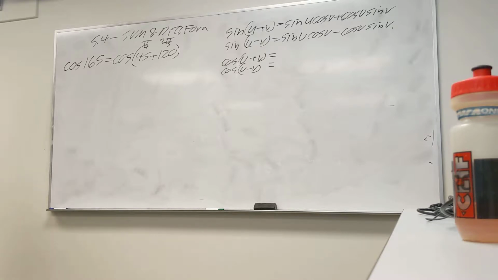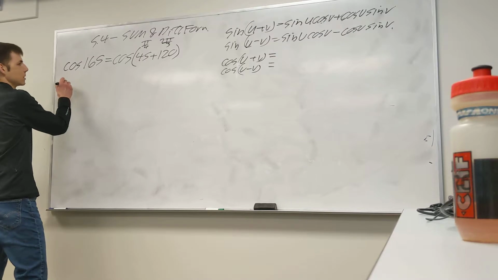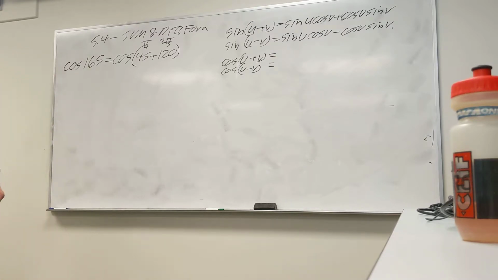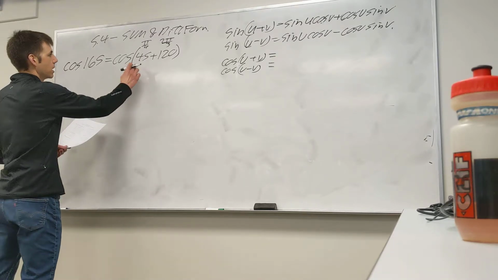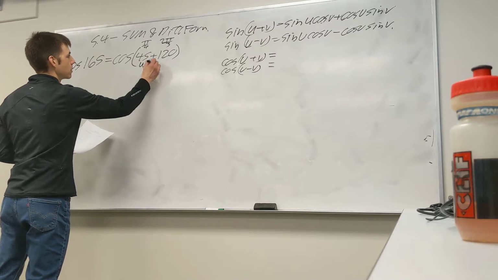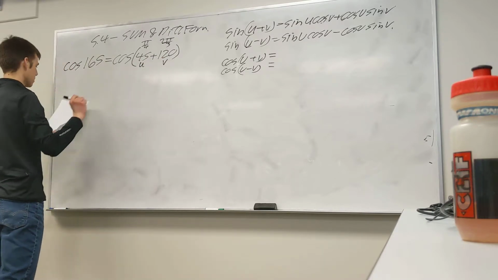What's the cosine of pi over 4? Root 2 over 2. And the cosine of 2 pi over 3? Is it 1/2? 1/2. Got it. Right, okay. So then we say, well, what's the sheet say? Cosine of u plus v, right?